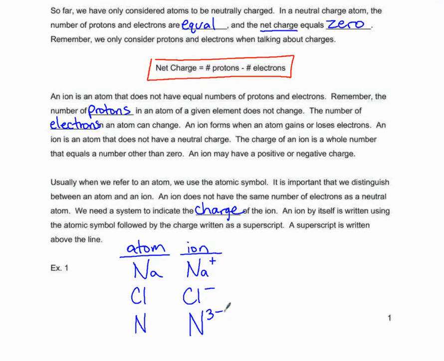You could have things with positive charges, for instance. Let's talk about calcium. As an atom, here's calcium. It has 20 protons, 20 electrons. As an ion, it becomes calcium 2+. It still has 20 protons, but now it's only got 18 electrons. And so the positives are greater than the negatives, so we end up with this positively charged ion.